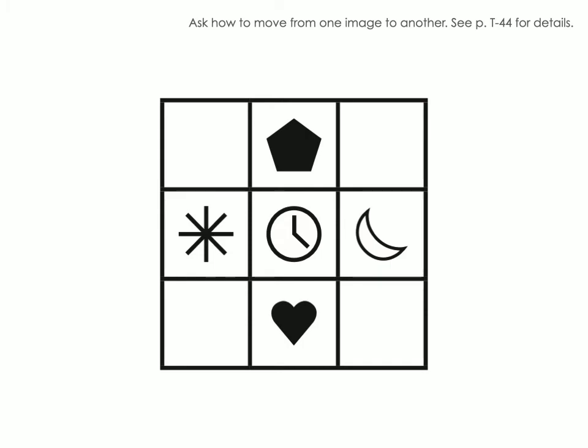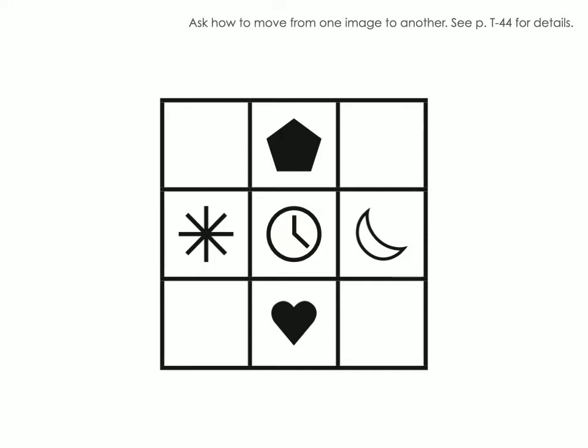To review, yesterday you were describing positions on a grid. So we have a star. The star is on the left of the clock. The heart is below the clock. The moon is to the right of the clock.